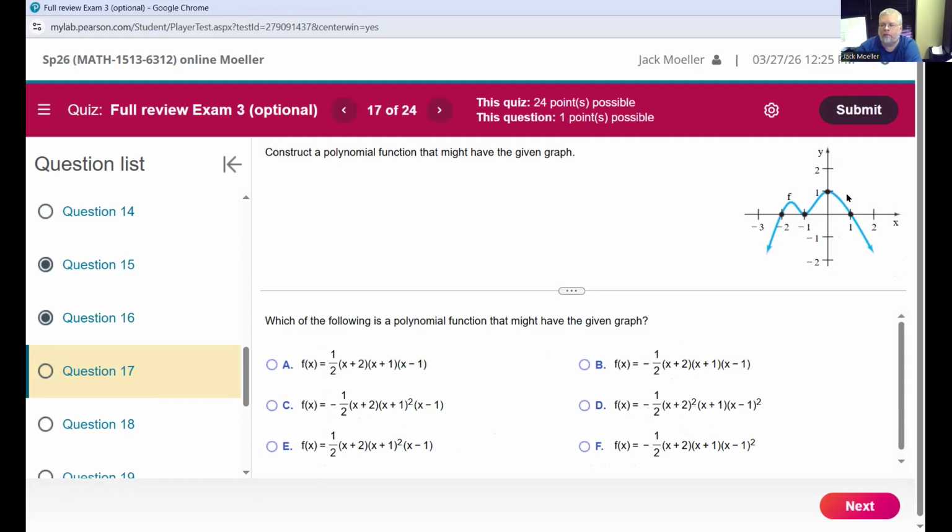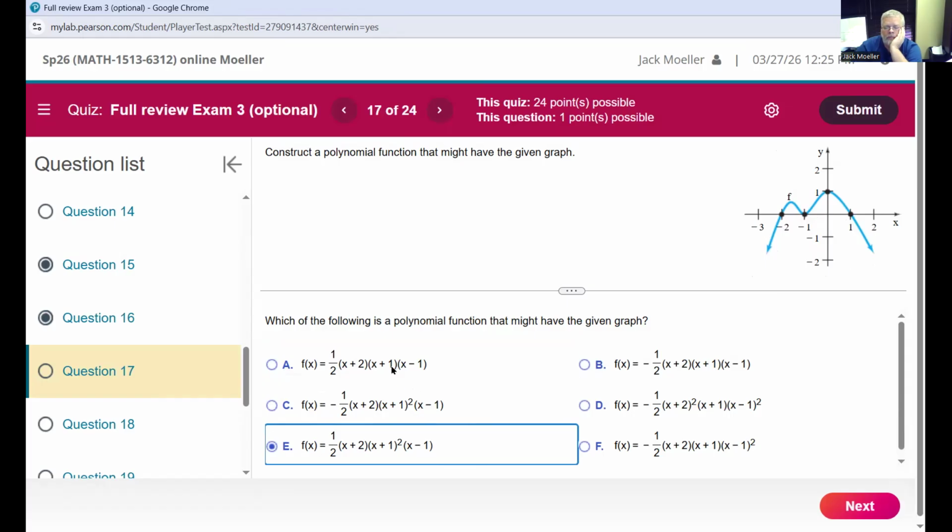Well, is this a parabola shape or is this an S shape? Well, they're going in the same direction, so this is a parabola, but if you notice, it's a downward parabola, so we need a -1/2. Okay, so we can eliminate A and E because those have positive, so those would have been upward, flipped.